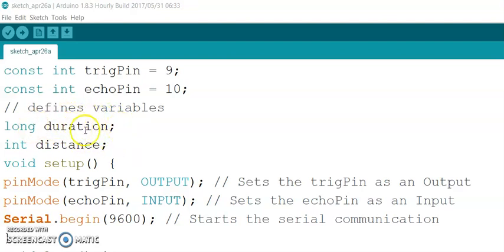Distance is another integer that I have declared to store the distance. This is the declaration part and the setup part. In summary, the trigger and echo pins are connected to pins 9 and 10 of Arduino Uno and configured, and serial communication is started with a baud rate of 9600. Now in the loop part, we need to write the functionality of the code.